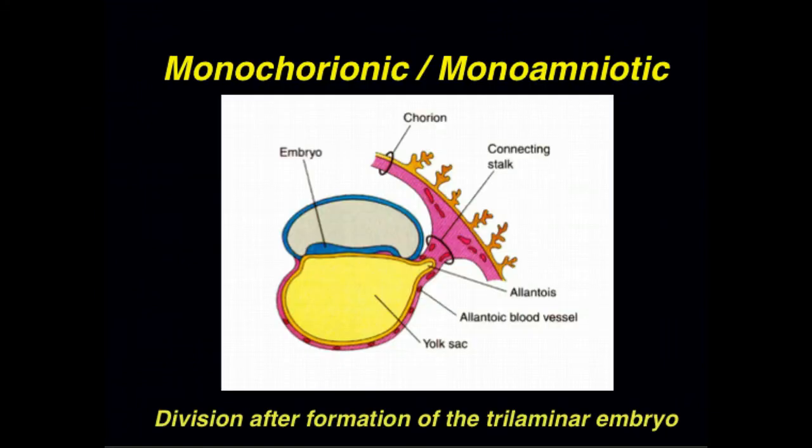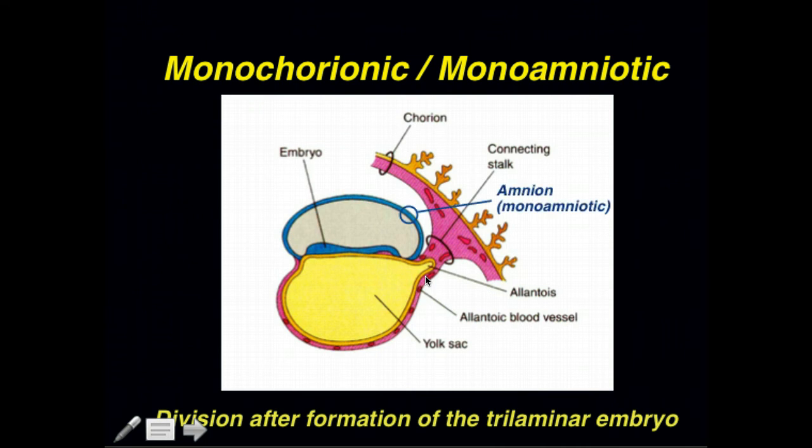What is happening here? What are we looking at embryologically when we have monochorionic, monoamniotic? Well, this results when there is division after the formation of the trilaminar embryo. Now remember, the trilaminar embryo is this endoderm, mesoderm, ectoderm guy that we all learned about. And that trilaminar embryo occurs between the single amnion and the yolk sac.